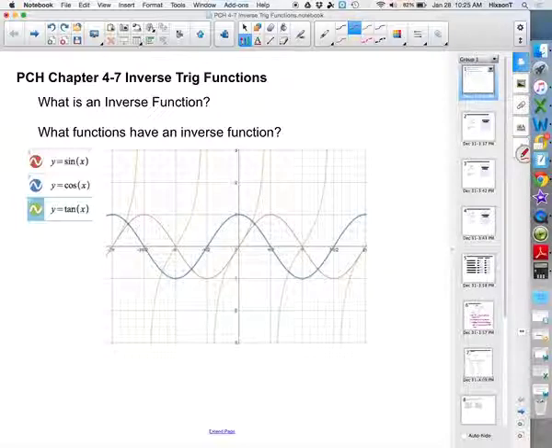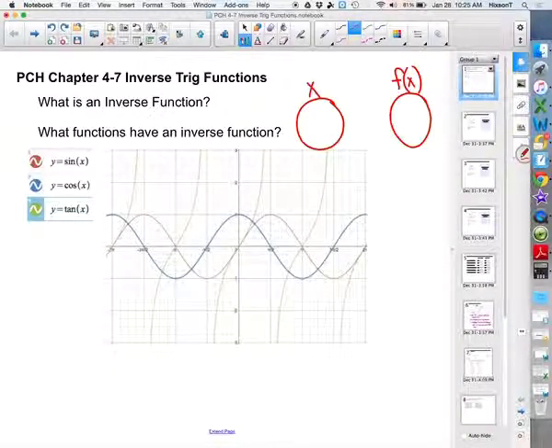If this is x, and this is f of x, so this is my domain, and this is my range, f of x takes a value of x and maps it to a certain value here. The inverse function is going to take this value, and if it's one-to-one, it'll take us right back here.